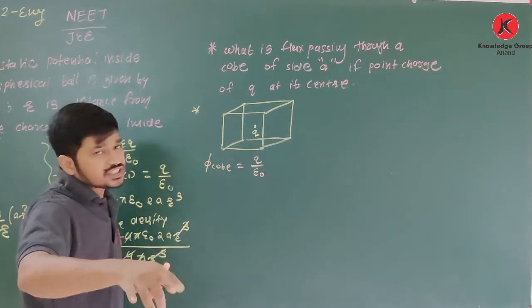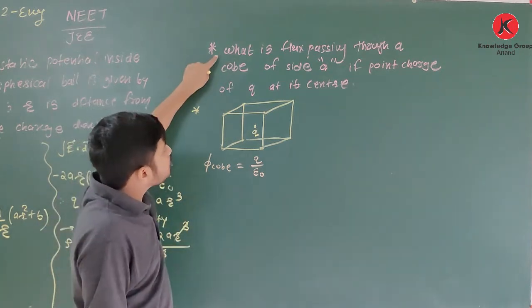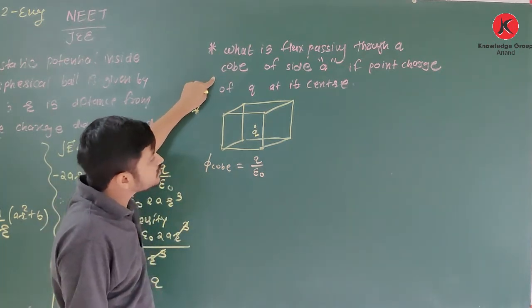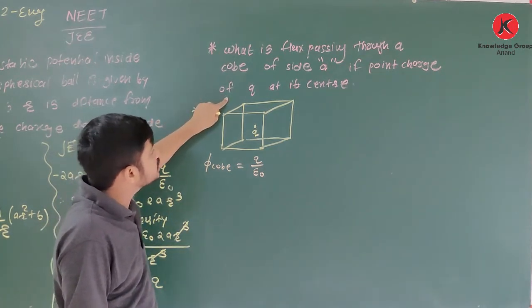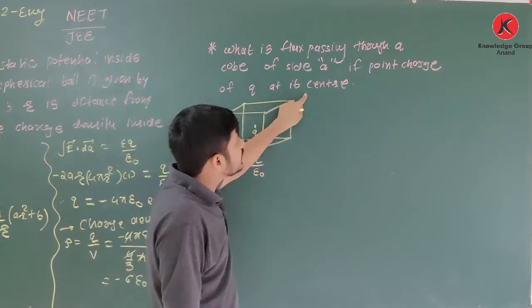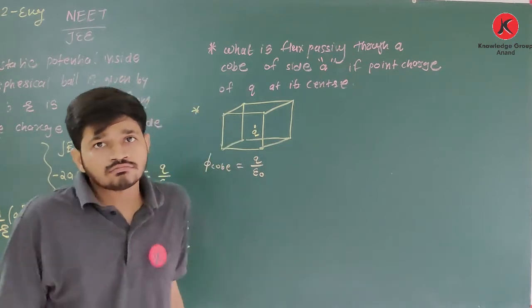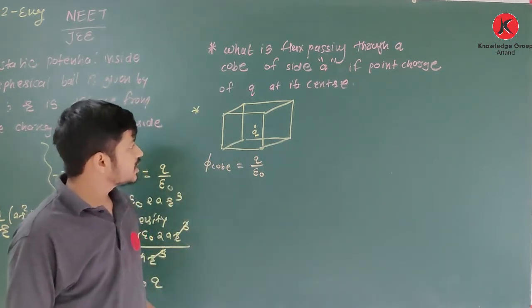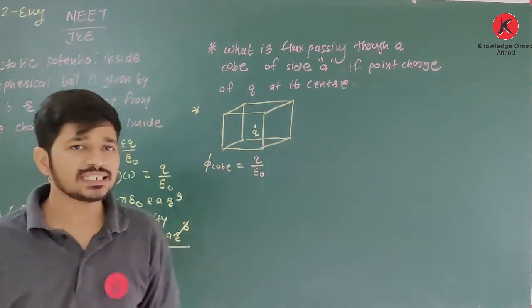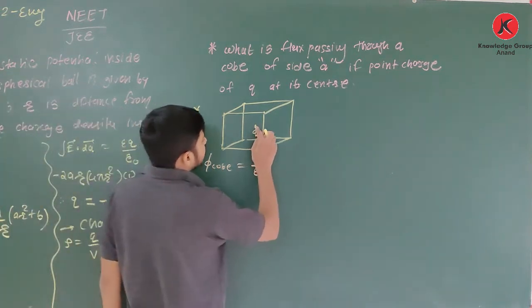But if I change this question: what is the flux passing through a cube of side A if a point charge Q is at its corner? We will see some different cases. Right now the charge is placed at the center.